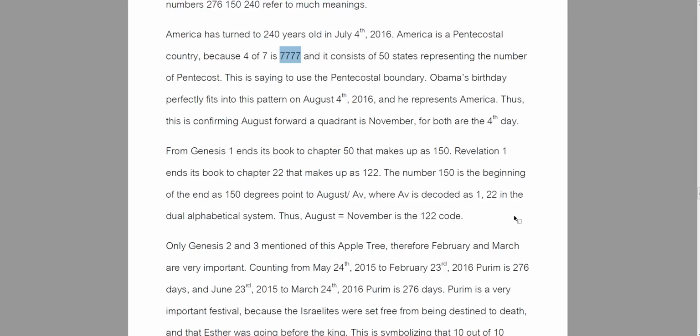So it makes up the number 150. Revelation starts with chapter 1, ends with chapter 22, and makes up the 122. And so, once again, we see 122, 150 as the beginning of the end code.